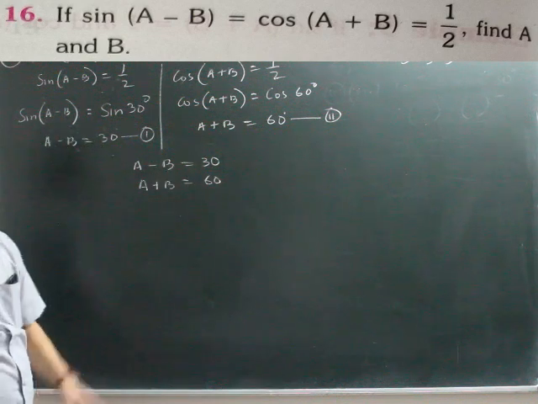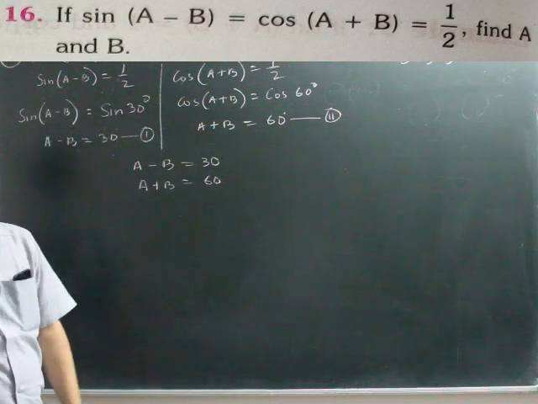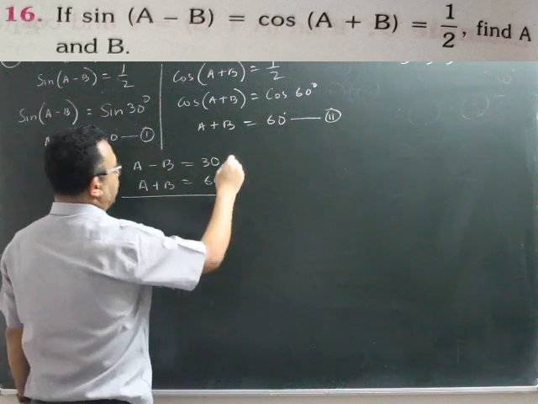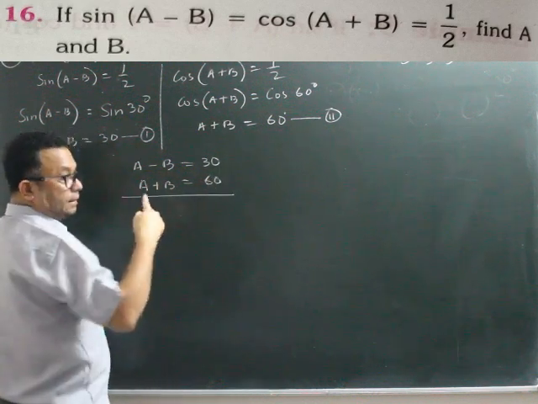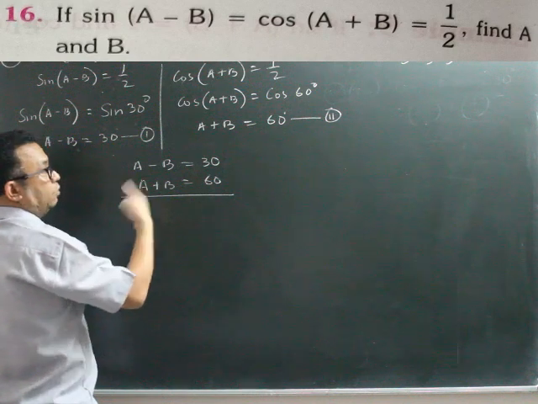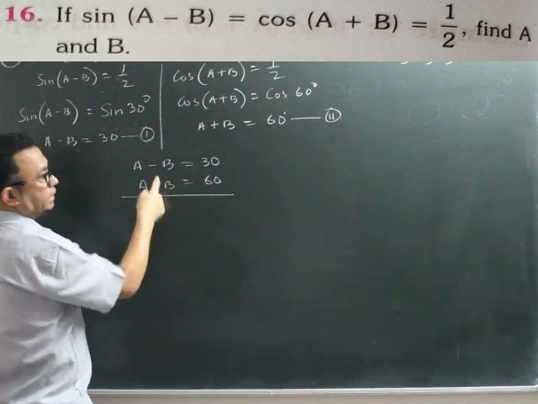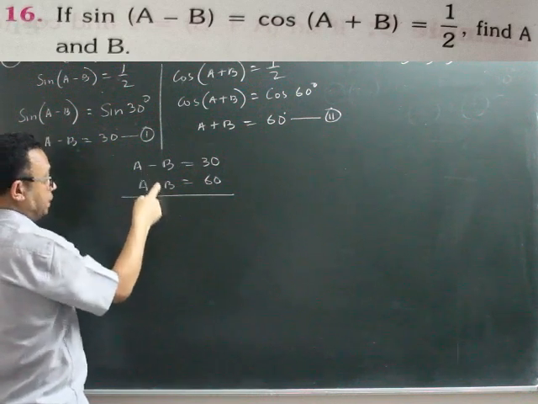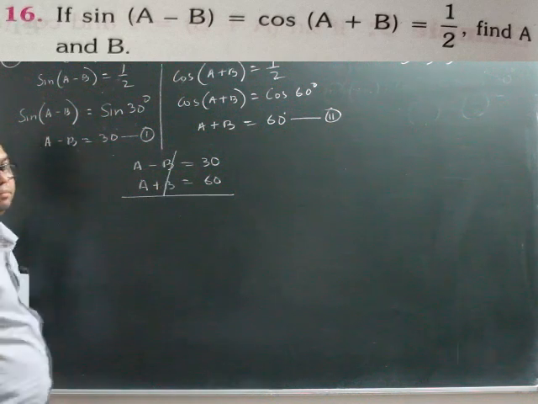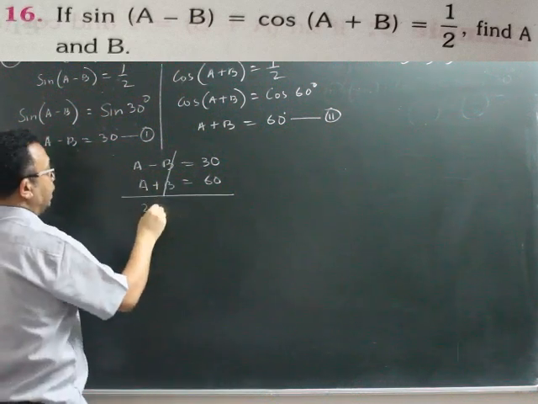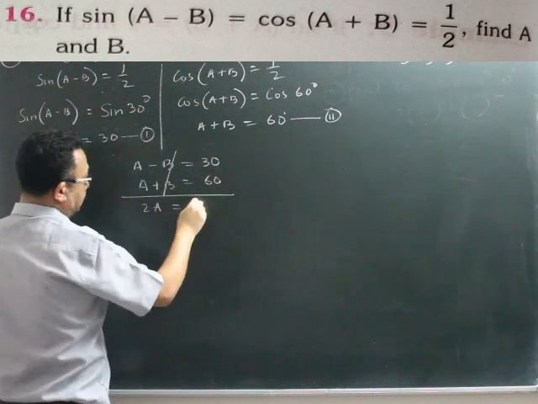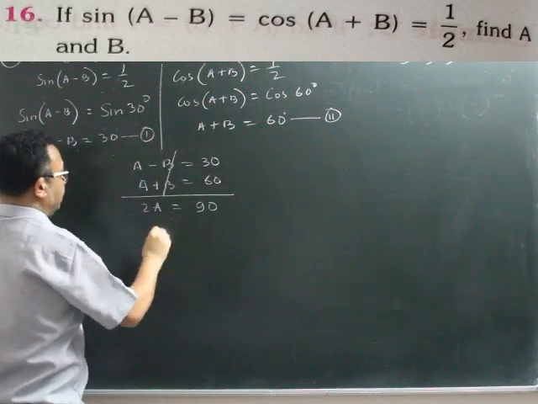Now we multiply with something so that one of the variables will be cancelled. But here I don't need to multiply with anything, because you can see the b terms cancel very nicely: minus b and plus b cancel. So a plus a is 2a, and 30 plus 60 is 90. So A is equal to 90 by 2, which is 45 degrees.